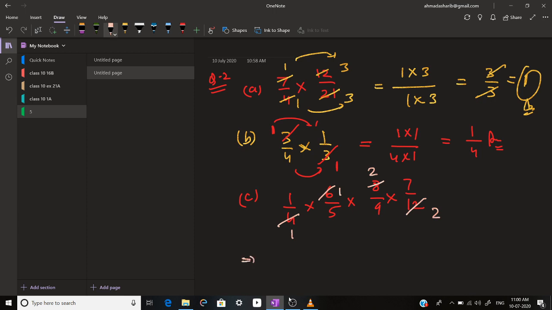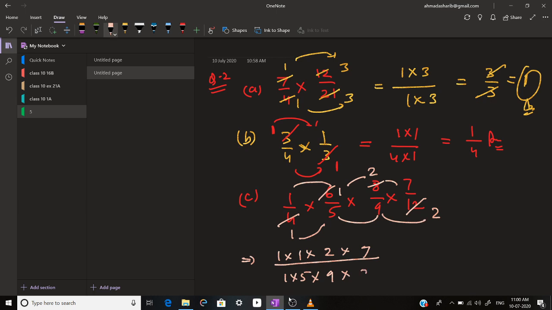So what we are left with, 1 into 1, 1 into 1 and 2 into 7 upon 1 into 5 into 9 into 2. Okay, now students, as you can see here, this 2 and this 2 we can reduce also. Now 7 ones are 7, numerator will be 7 and 5 nines are 45. Okay, so 7 upon 45, this is your answer.